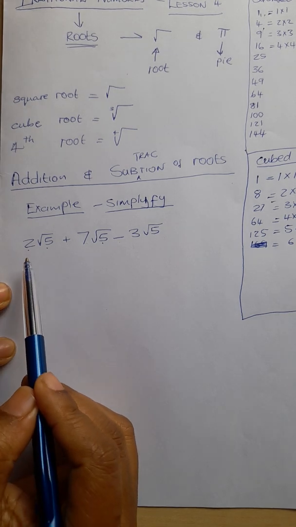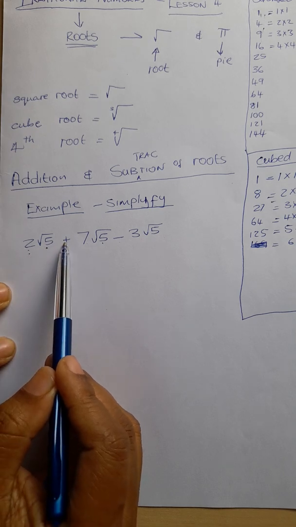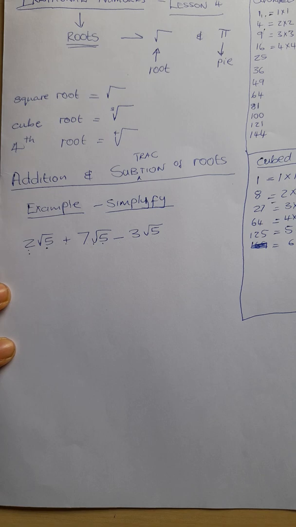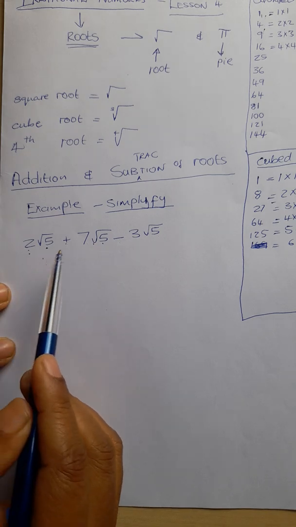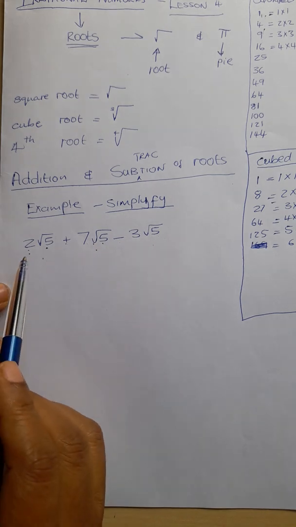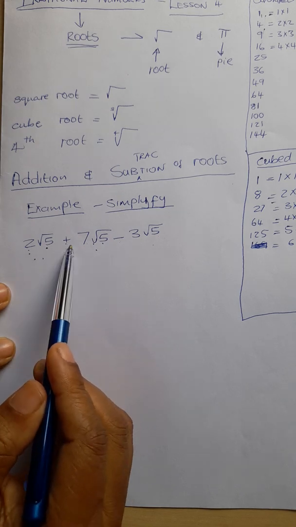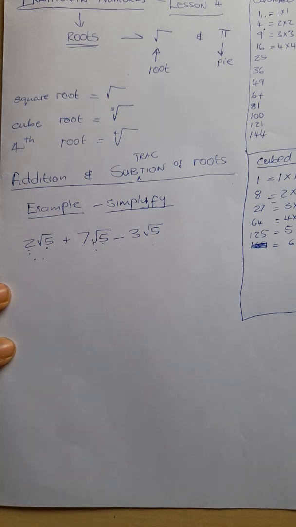Okay. So we have 2 square root of 5 plus 7 square root of 5 minus 3 square root of 5. You see that in all the terms, we have square root of 5. The terms are separated by plus and minus there.